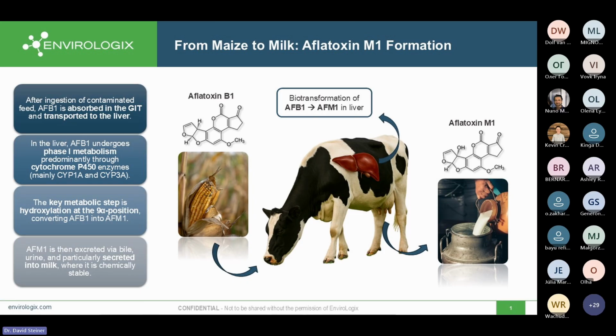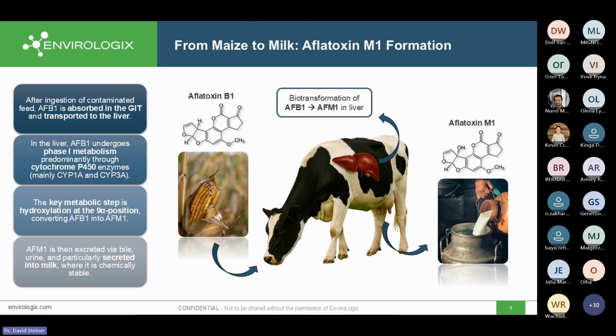The key step here is the hydroxylation at the 9-alpha position, converting aflatoxin B1 into the M1 version, which is then excreted via bile and urine, but most importantly, secreted into milk, where it remains chemically stable. Typically, about 1 to 6% of the ingested aflatoxin B1 is converted into aflatoxin M1.